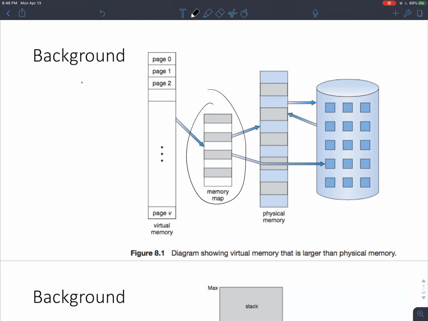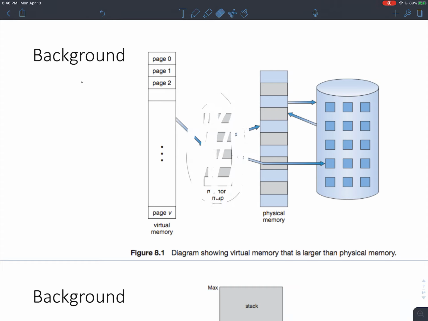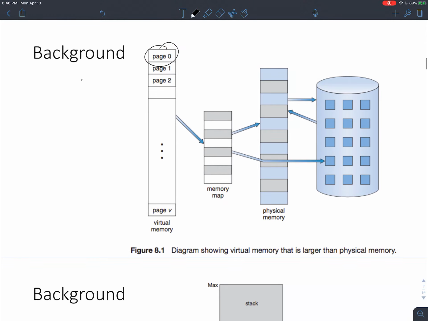When we have a process, it's possible that we only load a part of its virtual memory space into the physical memory. For example, we may only load page 1 and page 2 into the physical memory, while page 0 is still on the hard drive.